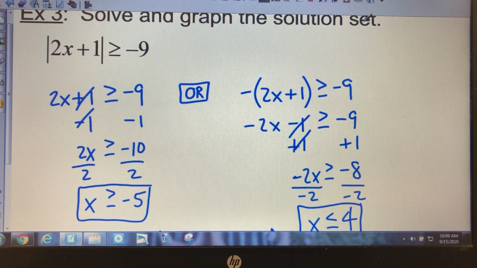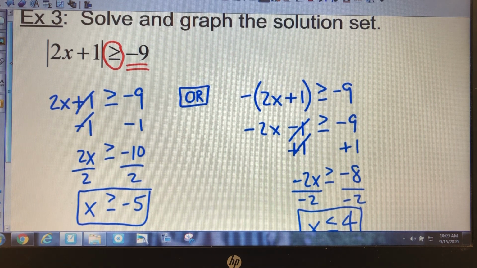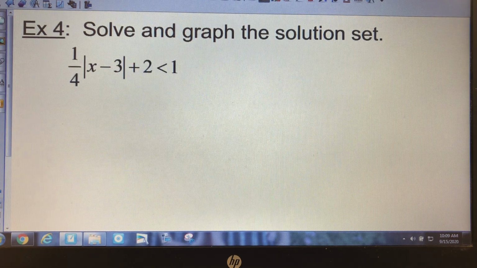Isn't it always going to be greater than or equal to -9? So that's why every single number works, okay? All reals. You can pick any number and it's going to work. So with practice, you could have looked at this ahead of time and say, oh, it's all reals. Everything's going to work because it's always going to be greater than or equal to a negative number. Always. All right, last example.